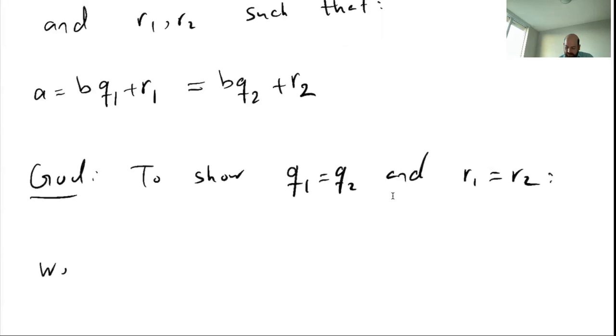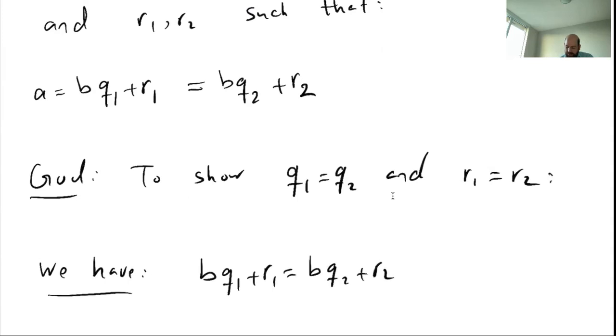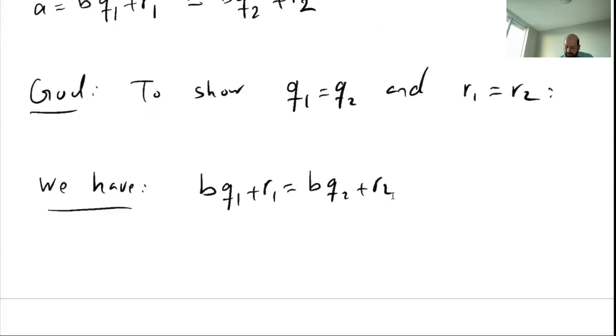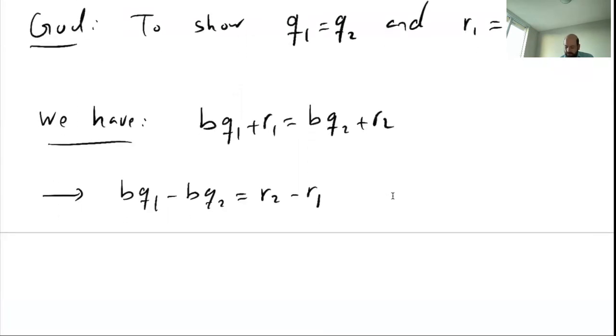We have BQ1 plus R1 equals BQ2 plus R2, because both of them are equal to A. So if I take BQ2 to that side, BQ1 minus BQ2 equals R2 minus R1. And then that means B times (Q1 minus Q2) equals R2 minus R1.